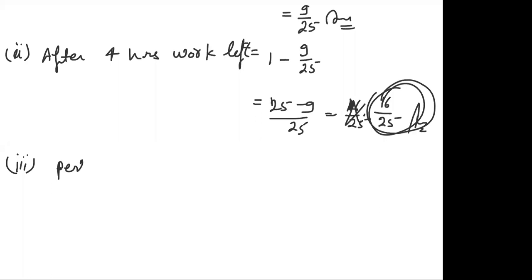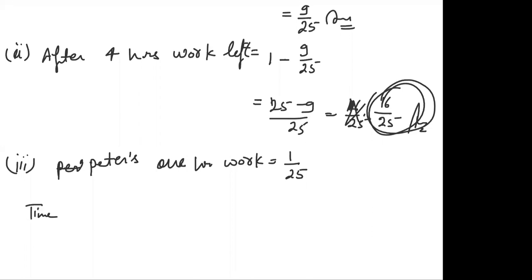First write Peter's 1 hour work is equal to 1 upon 25. This was Peter's 1 hour work. Earlier we have written it above.